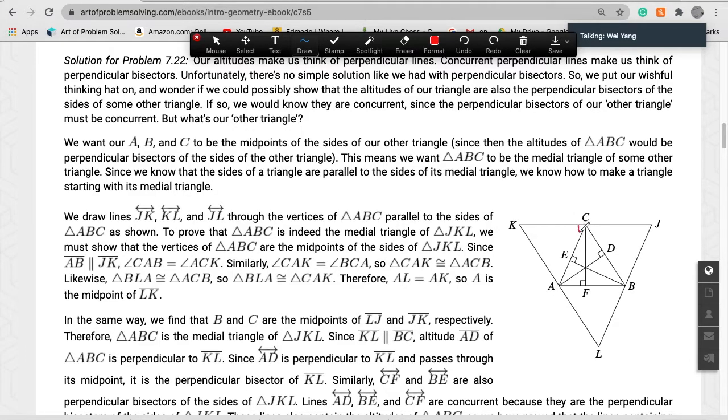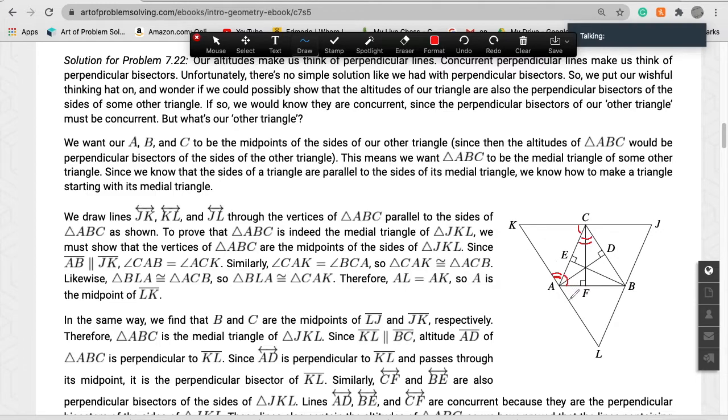passing through C parallel with AB, right? So that means this angle equals this angle. These are called alternate interior angles. So angle KCA equals CAB, right? Then we also have this angle equals this angle. Why?